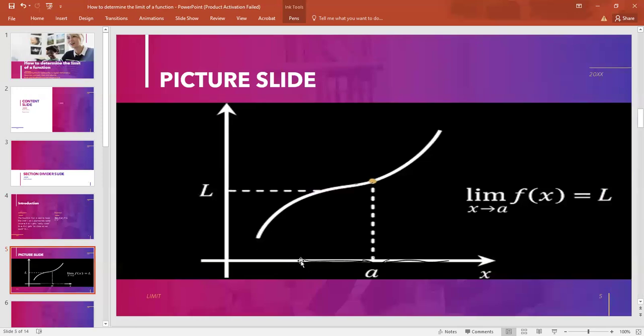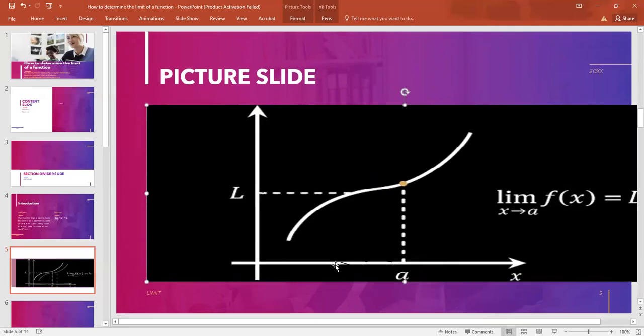We try to get towards the point a from the left-hand side. We move from the left towards a, and the value of our function at this point is close to L. If we move from the right of our graph on the x-axis towards a, what happens?